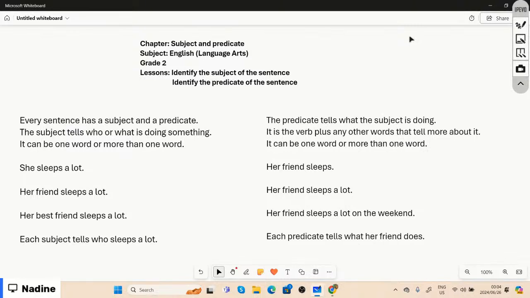And the lesson that we are going to be focusing on under the chapter of subject and predicate is to identify the subject of a sentence and to identify the predicate of a sentence.